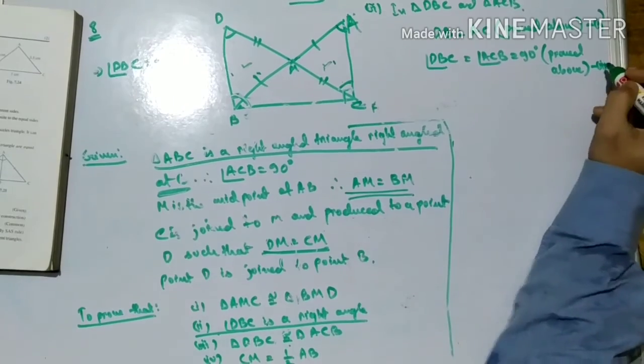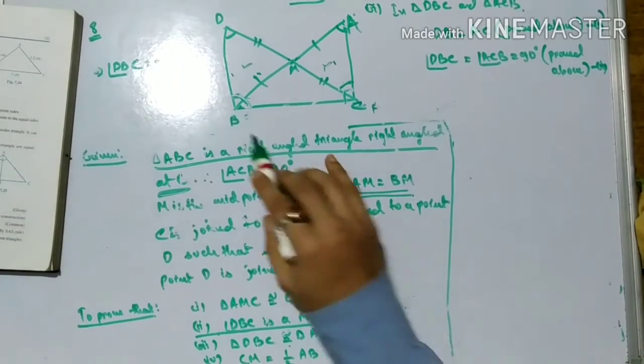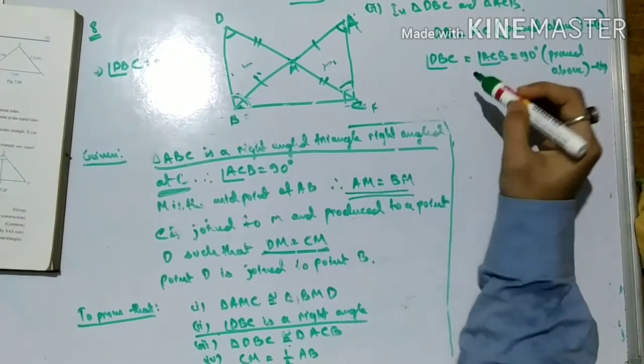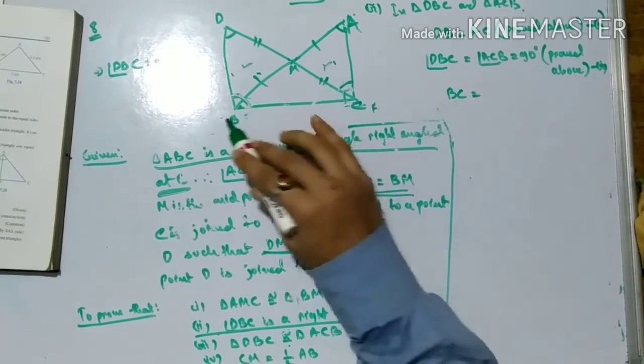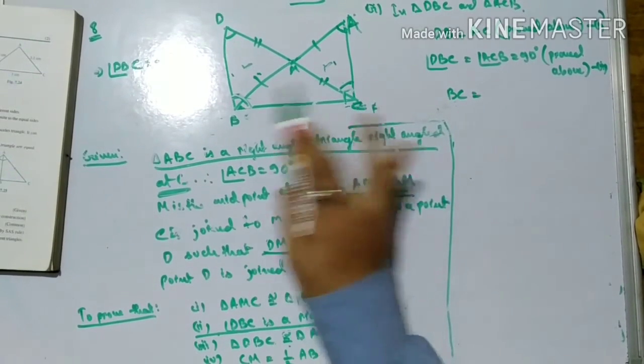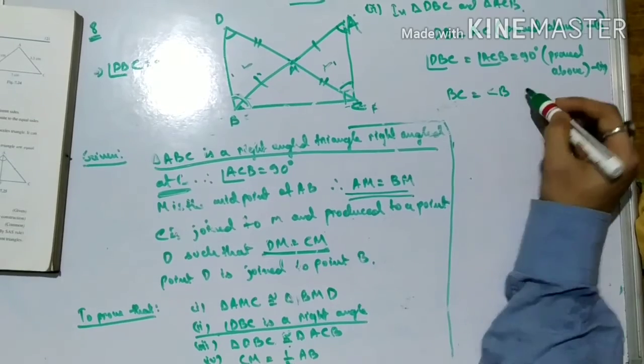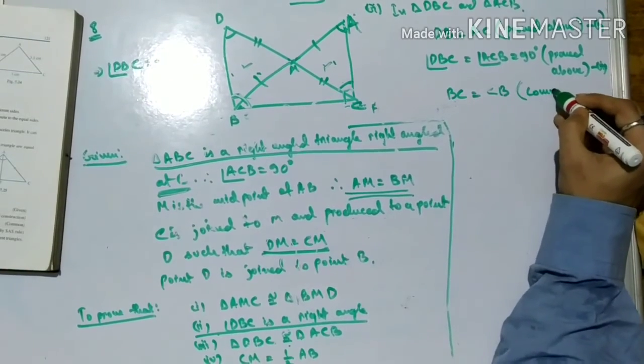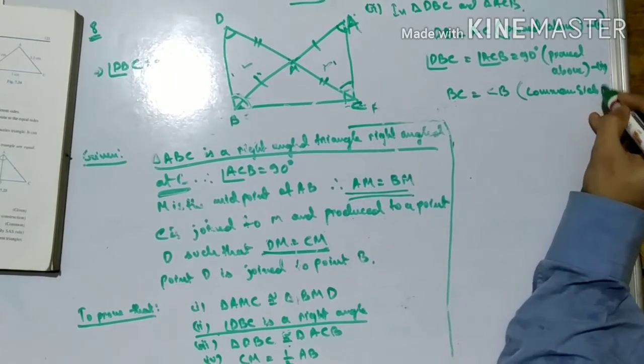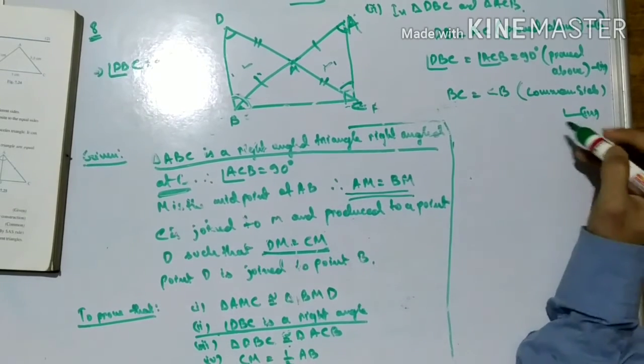This is our number 2. And the last one, BC equals CB, a common side. This is number 3.